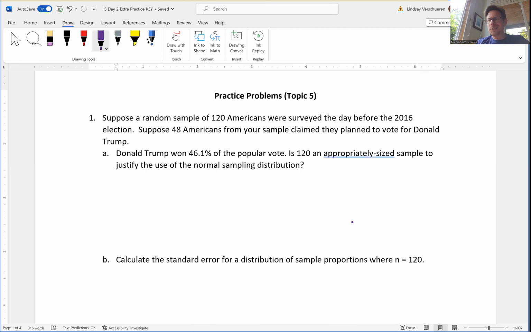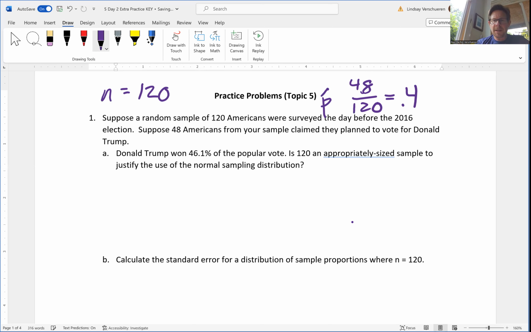So sometimes I like to just, on a piece of paper, keep track of what I've seen so far. So far we've seen our sample size of 120. We've also seen that 48 out of those 120 said they plan to vote for Donald Trump. If you divide that, that ends up equaling 0.4 or 40%.